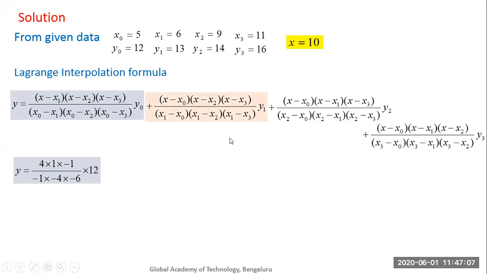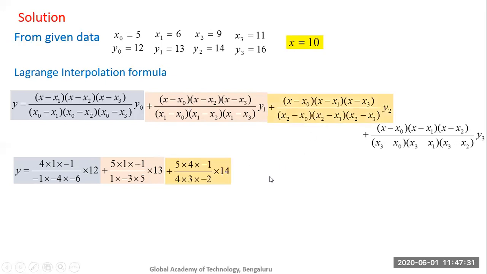Similarly, in the second term, take 10 minus x0, x2 and x3. So we get 10 minus 5, 10 minus 9, 10 minus 11. Denominator is x1 minus the remaining: 6 minus 5, that is 1, 6 minus 9, 6 minus 11, into the corresponding y1, that is 13.